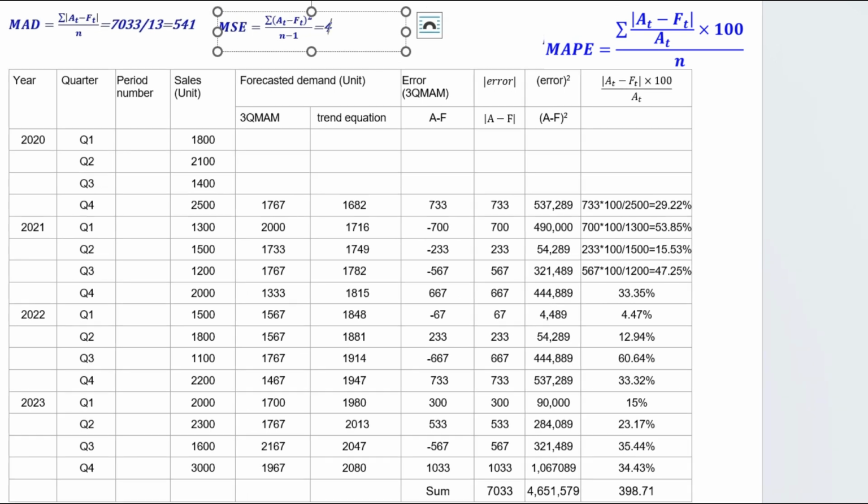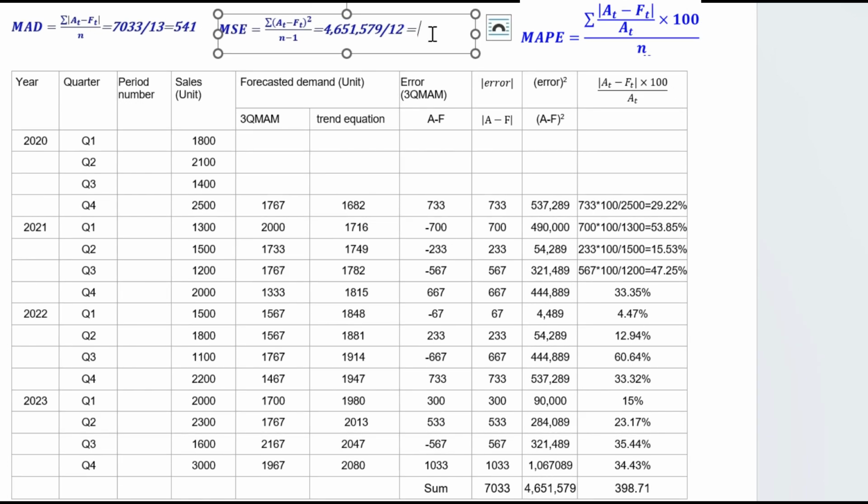So it is equal to 4,651,579 divided by n minus 1. n equals 13, so n minus 1 equals 12. This is equal 387,632.